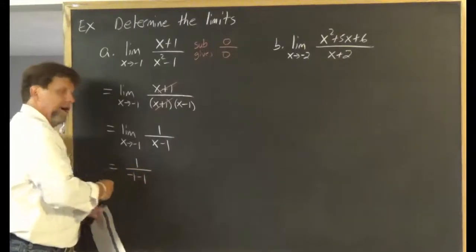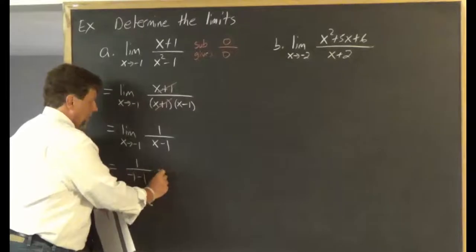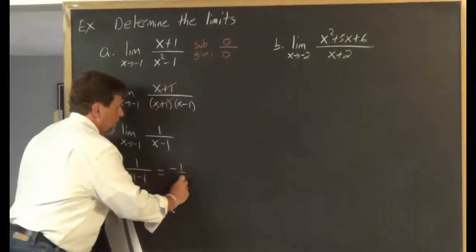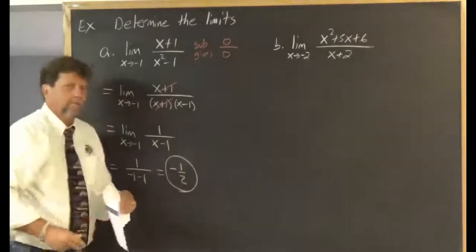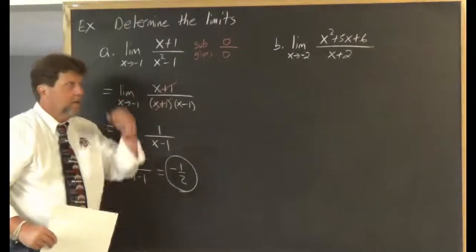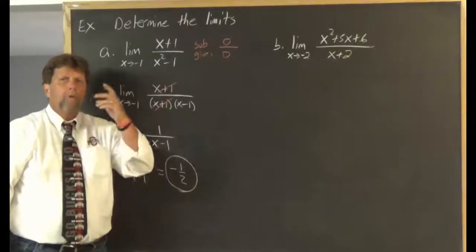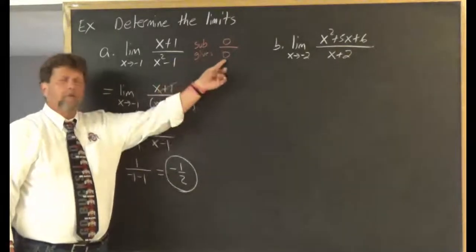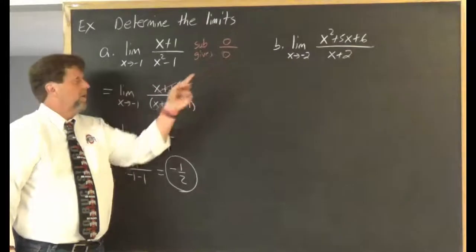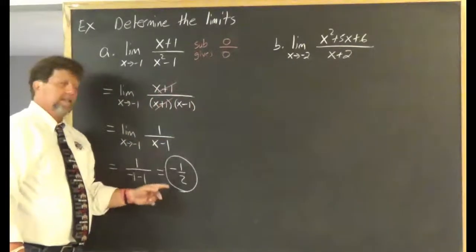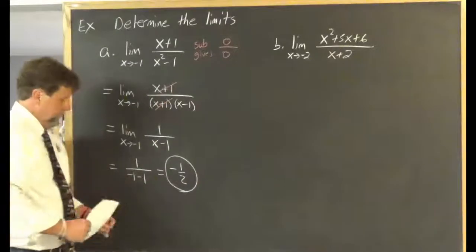Well, -1 minus 1 is -2, so we have 1 over -2, or -1/2. That's the limit. So, to recap, you always try substitution first. We tried substitution, we got the indeterminate form 0 over 0. We had to do a little algebra magic, and then substitute, we got the limit.